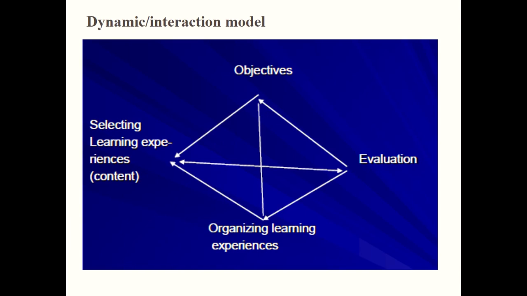Okay. So the dynamic model works this way. The dynamic model has objectives, evaluation, and organizing learning experiences, but they interact. From the objective, you can go to select your learning experiences. After evaluation, you can go to look at your objectives. From the evaluation, you can go to look at your learning experience, that is your methods.